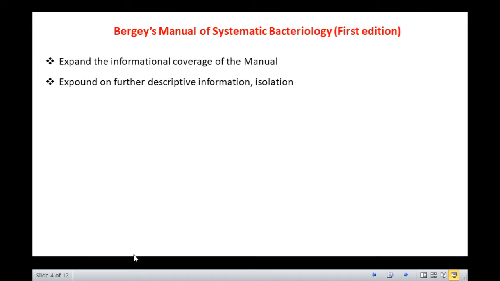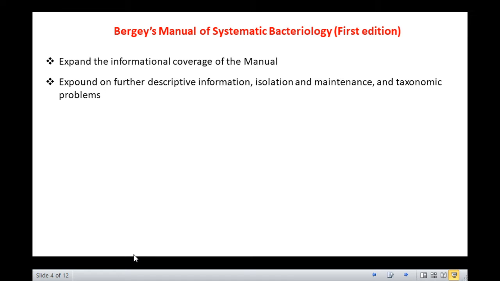In the late 1970s, after the 8th edition of Bergey's Manual of Determinative Bacteriology was published, it was decided to expand the informational coverage of the manual into a format that would allow authors to expound on further descriptive information, isolation and maintenance, and taxonomic problems.